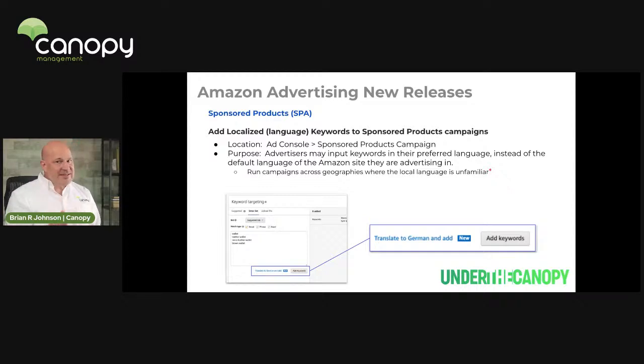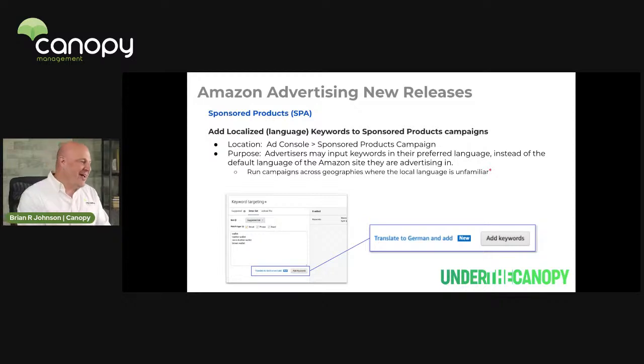But in the meantime, Amazon has introduced some language translation features, such as what I'm showing here, to translate the keywords that I'm trying to advertise to the local language. You may or may not have great success because Amazon is not known for their language translation capabilities.